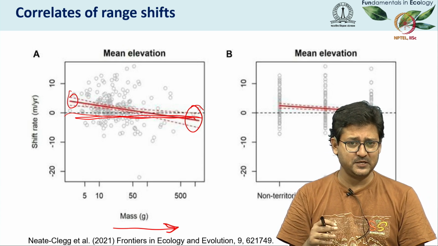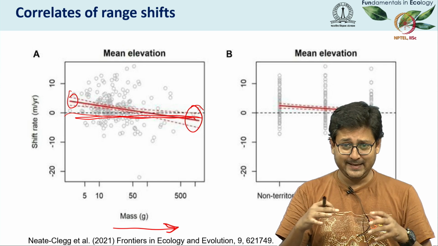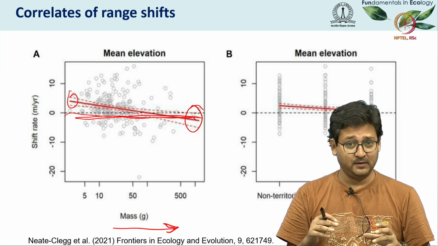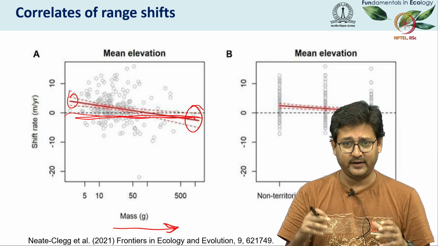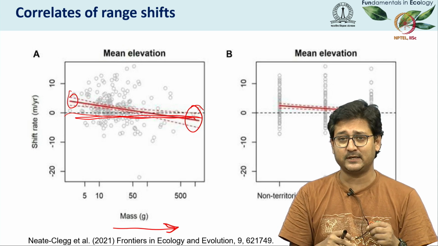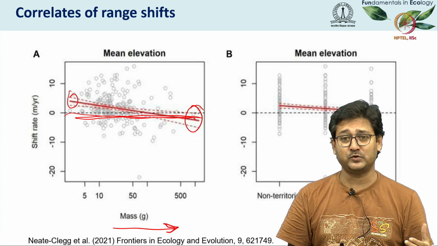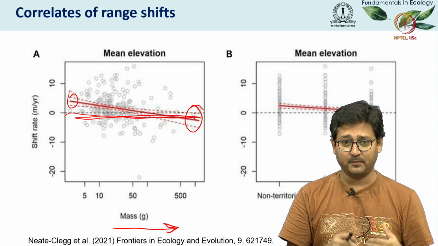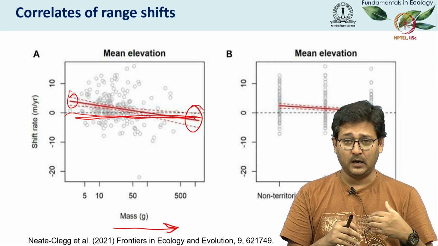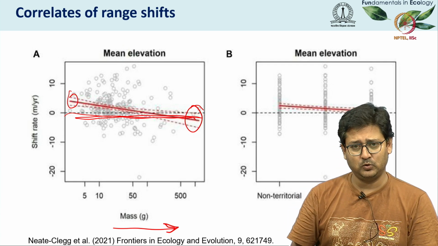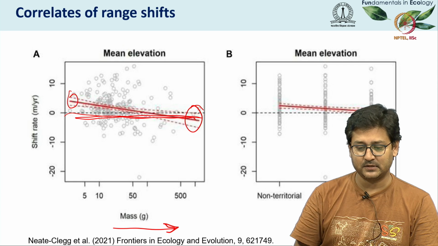One is that larger species, just based on surface area to volume considerations, might be thermal generalists, they might be able to tolerate a wider range in temperatures and might not need to respond as quickly as smaller species, or that smaller species reproduce faster, put out a greater number of offspring, and therefore across generations are able to shift their ranges to higher elevations.